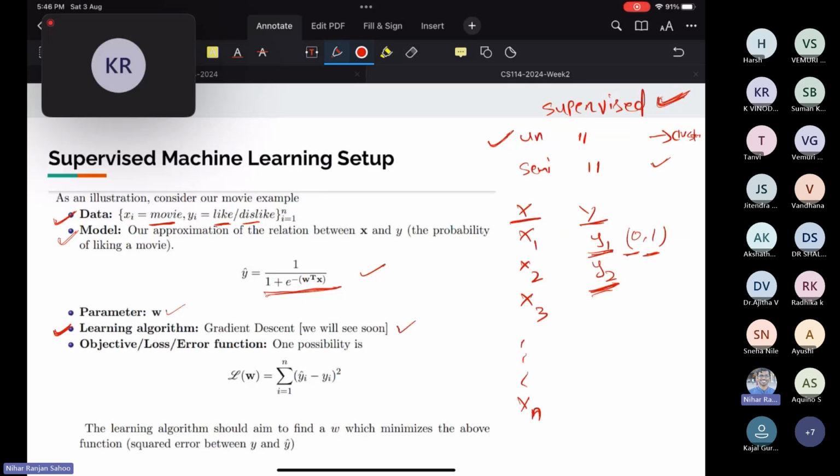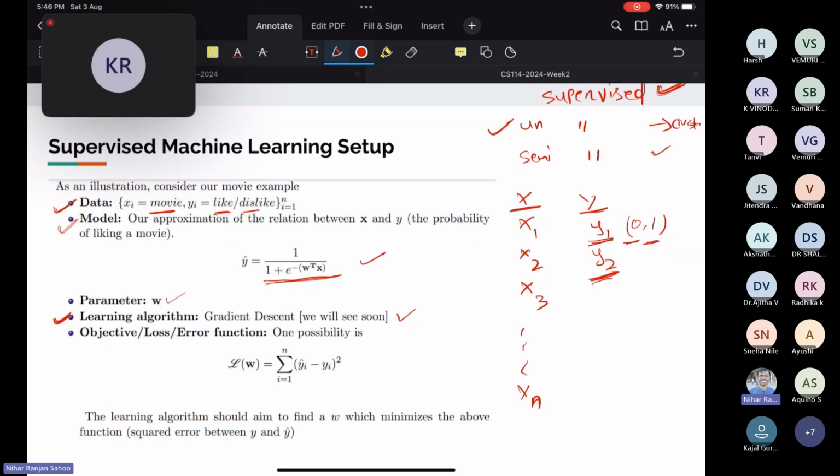Gradient descent will help us find the optimal W for the given input output pair. If the input output pair changes, the set of W that we have learned might not work. So whatever W we learn through gradient descent will be the best fit for the input output pair given to us in this learning setup.